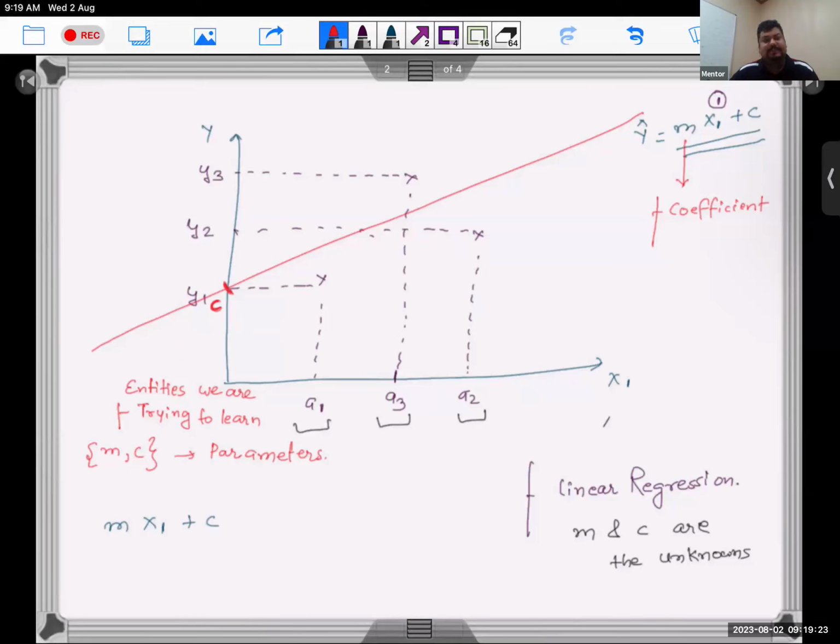Before looking at the red line, let's discuss M. What is M? If I extend this line, do you see that it makes an angle with the x-axis? Let's call this angle theta. M is nothing but the slope, which is tan of theta.